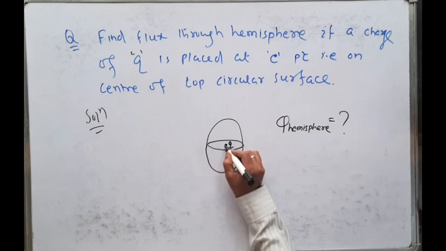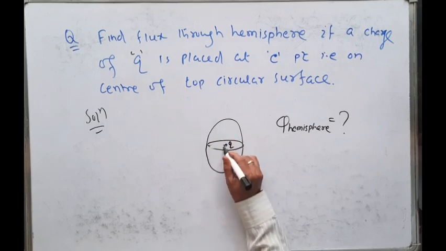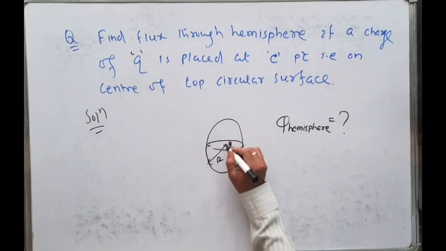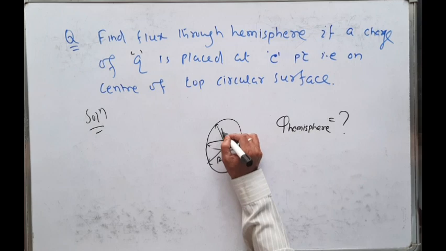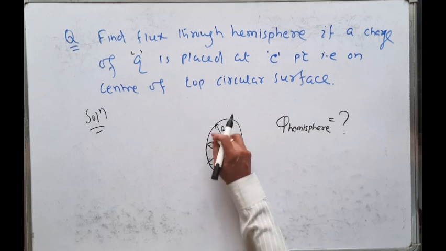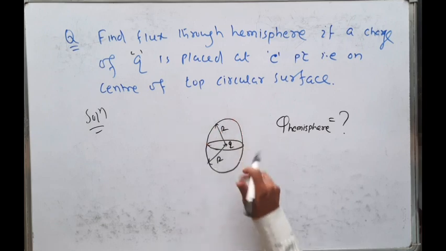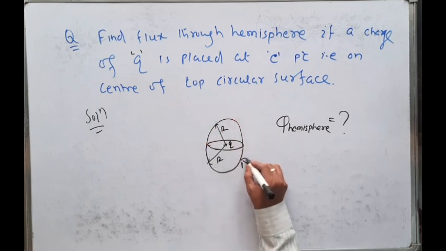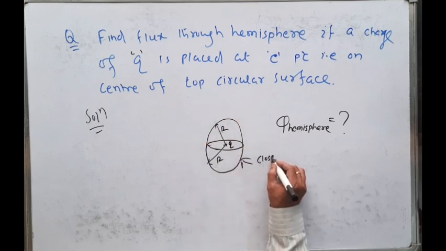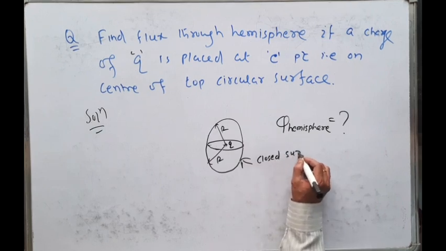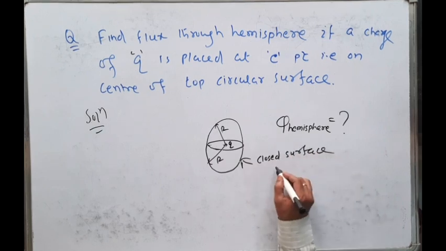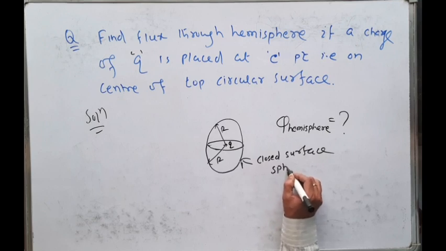Suppose the radius of this hemisphere is r. With the same radius, I take another hemisphere just on top of the bottom hemisphere, so that the total is a closed Gaussian surface, which is a sphere.